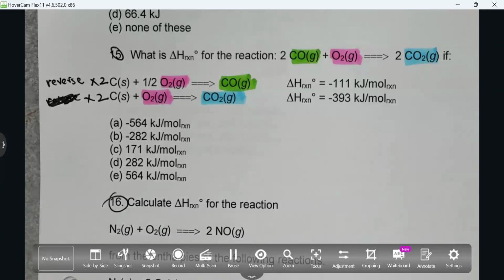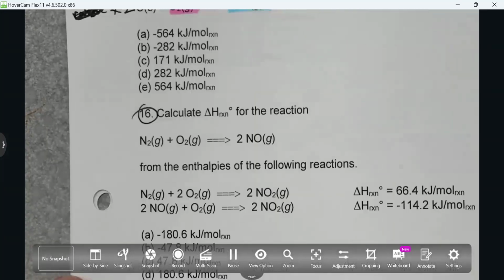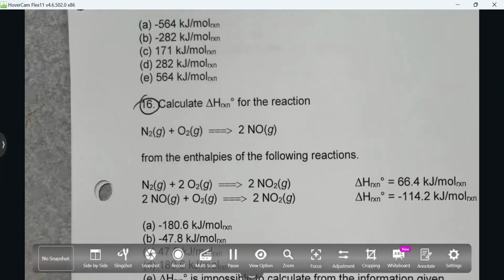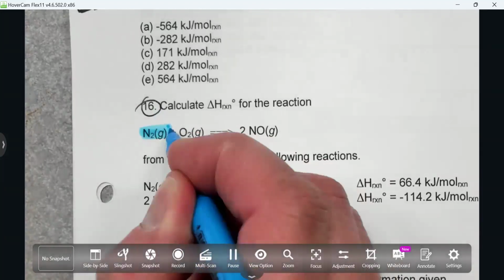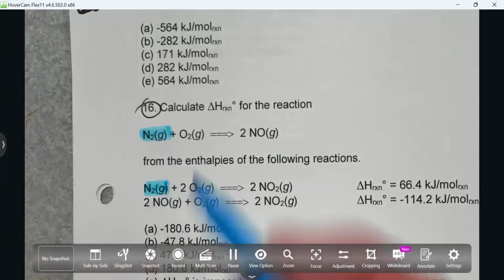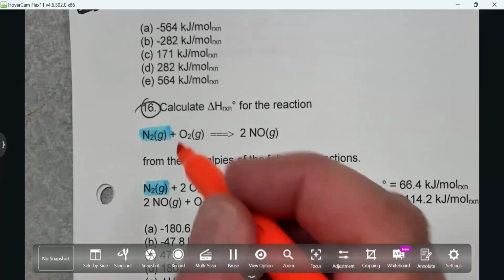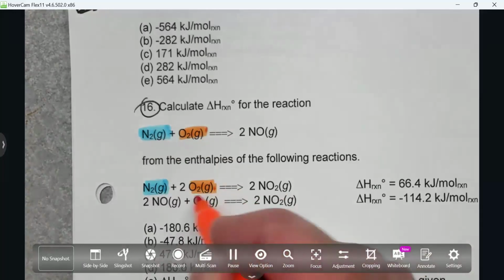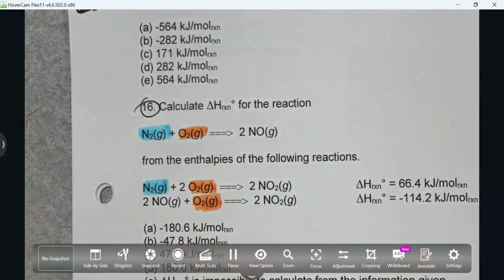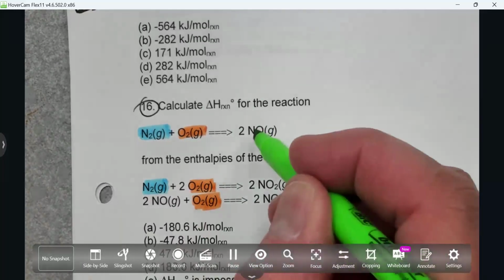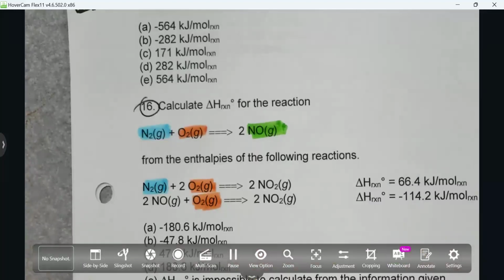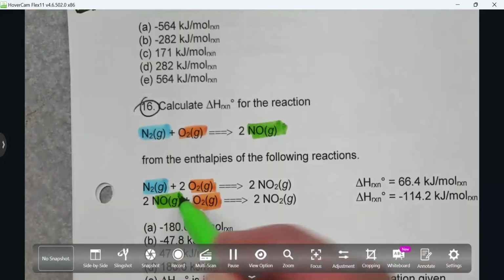And then 16. What do we got? We got N2. N2's right there. That looks good. Somebody should be happy about that. Whoa, we've got O2, O2, and NO, and the NO is right here.